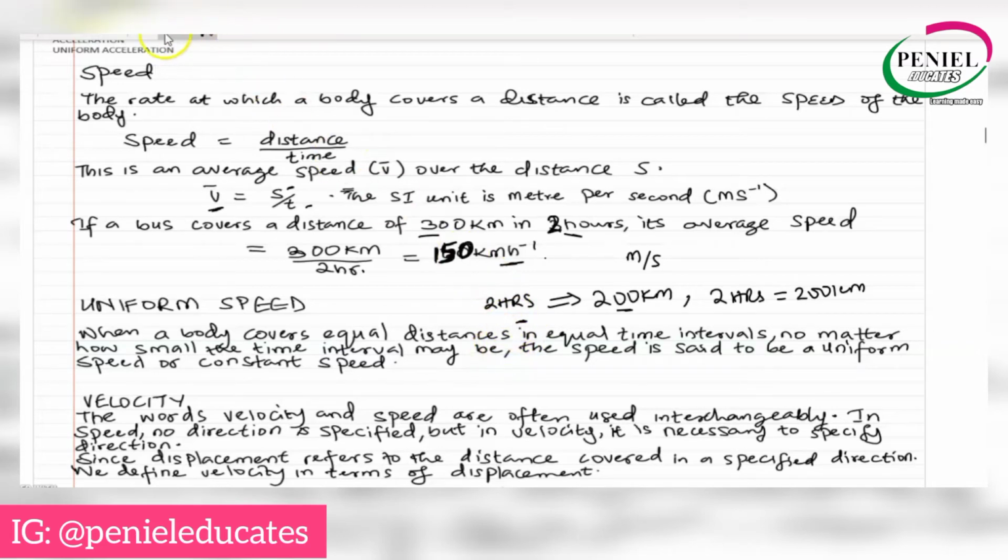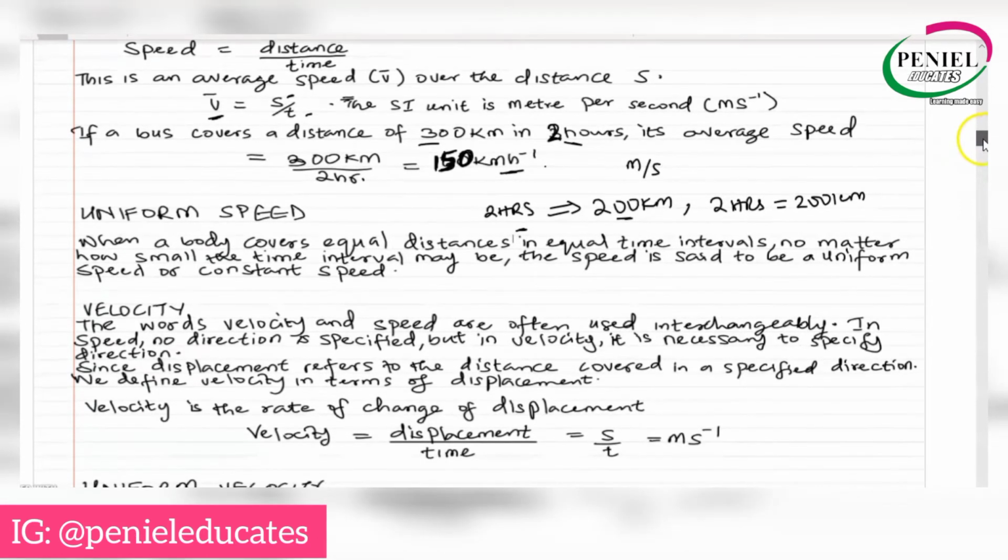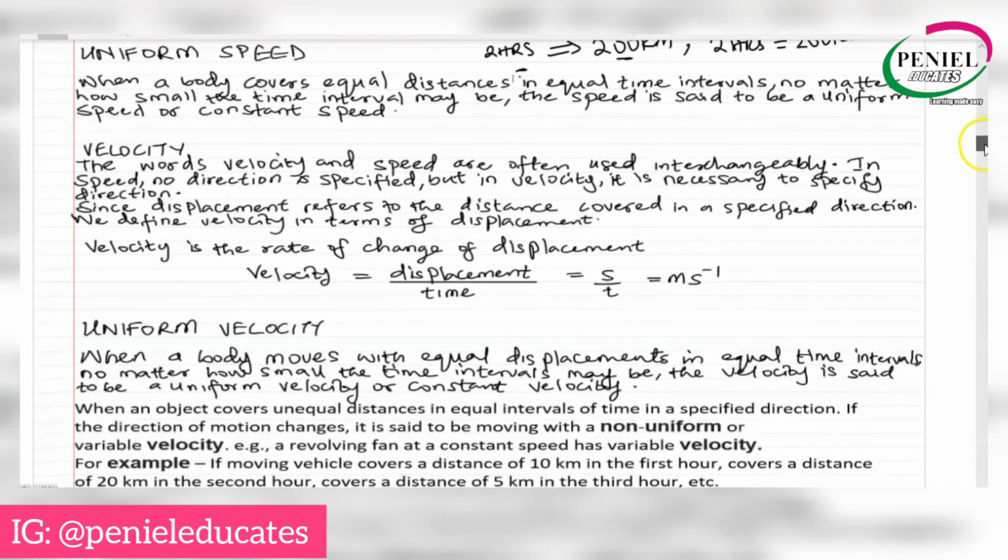Now, velocity and speed are often used interchangeably. But speed, like we said, is a scalar quantity; no direction is specified. In velocity, it is necessary to specify direction because velocity is a vector quantity, and in a vector quantity there must be magnitude, which means size, and there must be direction.